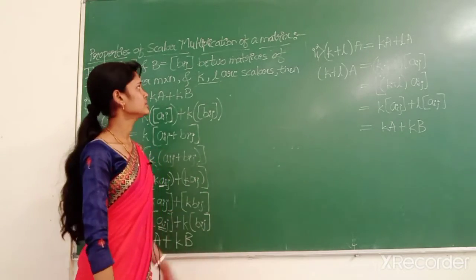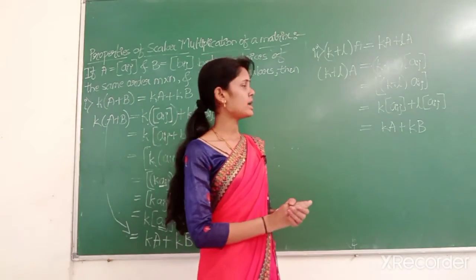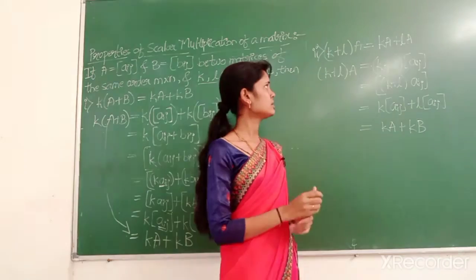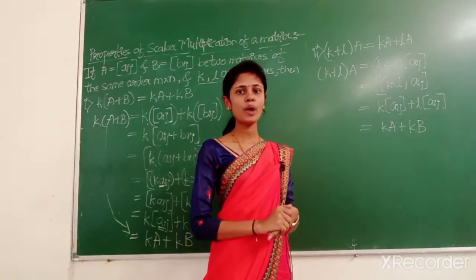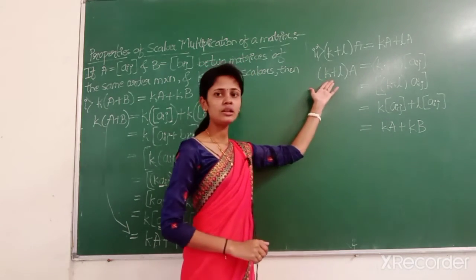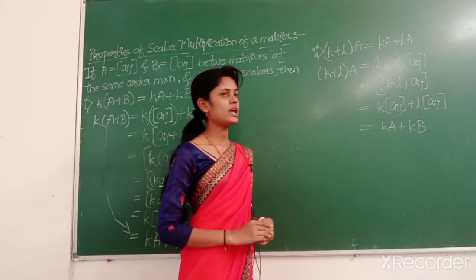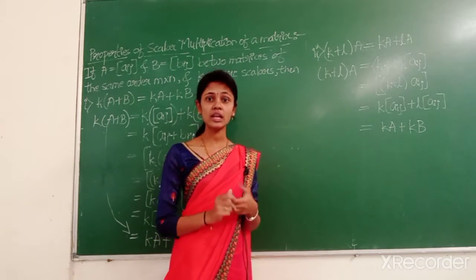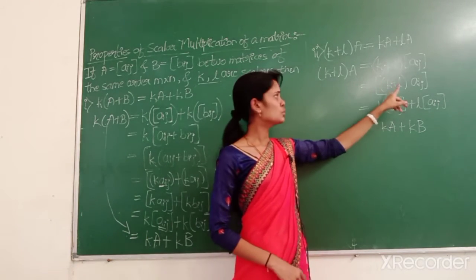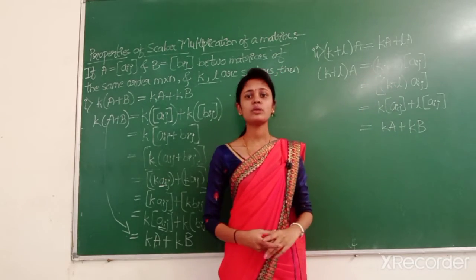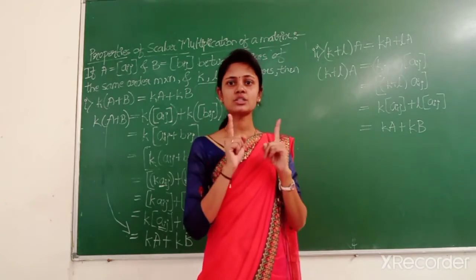Next, the second one: K plus L into A is equal to Ka plus La. Here K and L are two scalars and A is any matrix. Then K plus L into A can be written as K plus L into Aij, where Aij is the element of the matrix. Taking a square bracket, because Aij is the element of the matrix A, so the matrix must be in a square bracket.